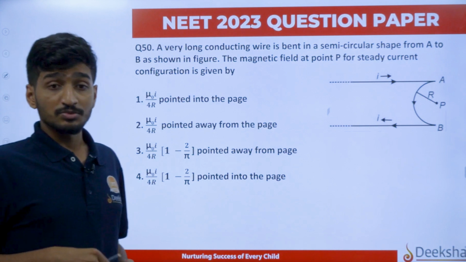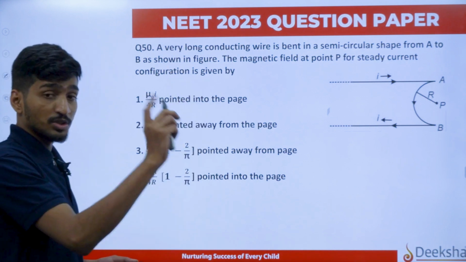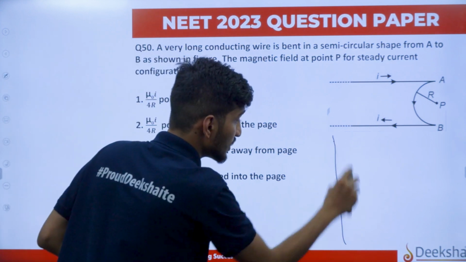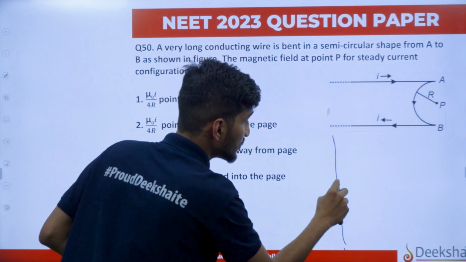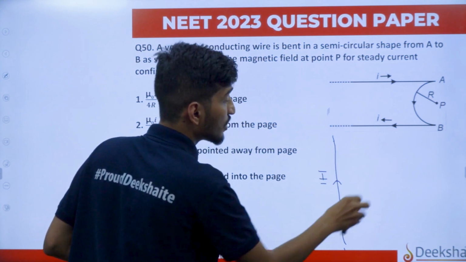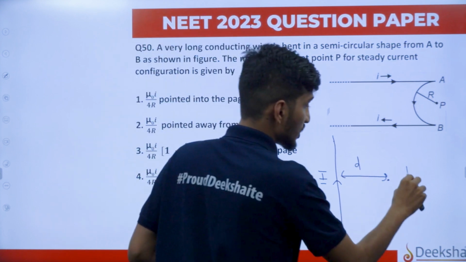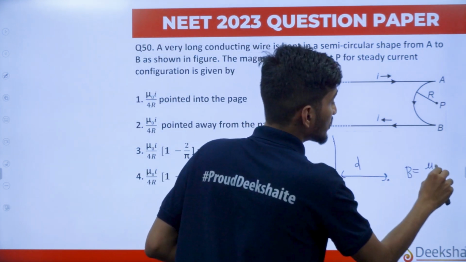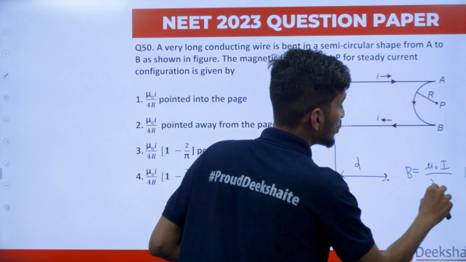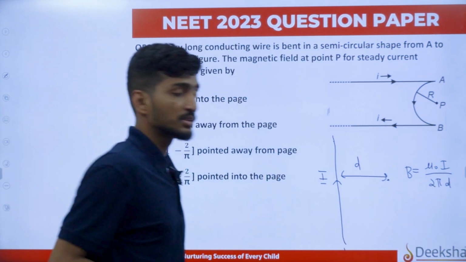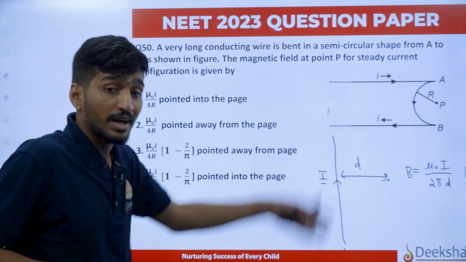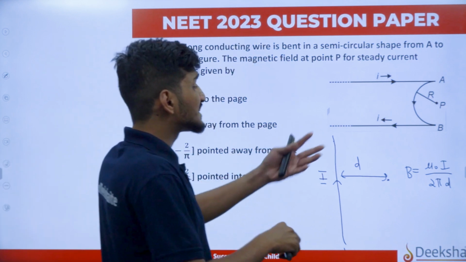So let's talk formula. First of all, what is the value of magnetic field due to a current carrying wire infinitely long at a point d from it? You must remember this value. B is mu naught I by 2 pi d. Now if it's an infinite wire from both ends, what if it's a semi-infinite wire?